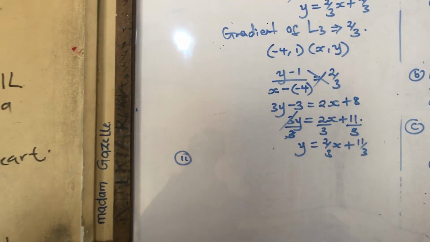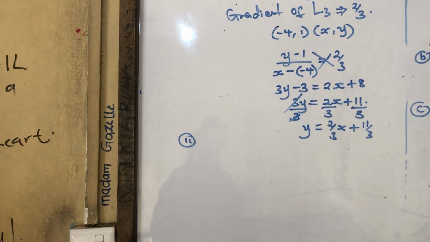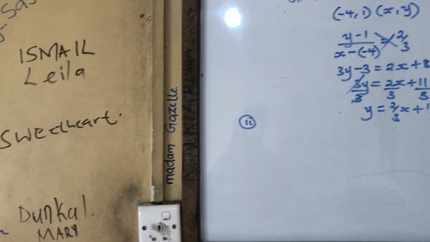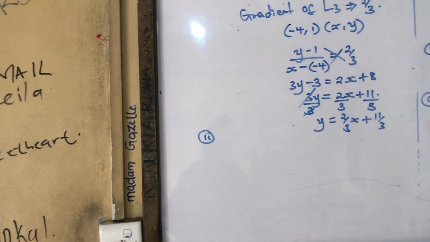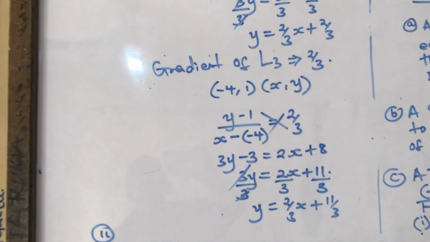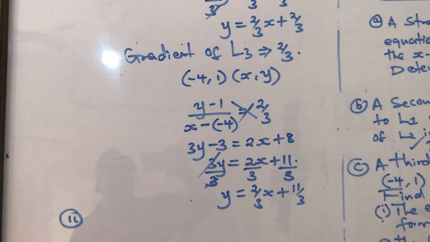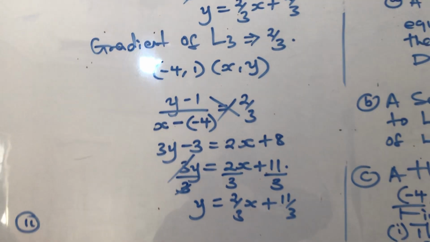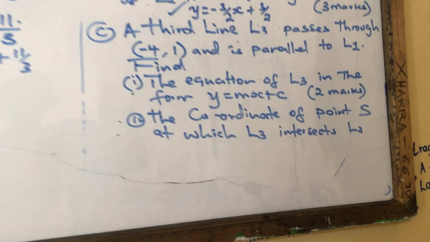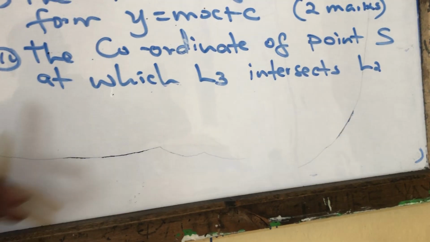What is the last part asking for? The coordinates of S. So what do we have? This brings us to part Roman 2, which is asking for what?